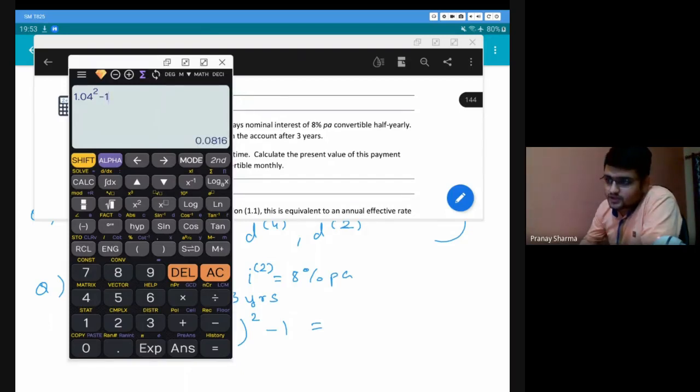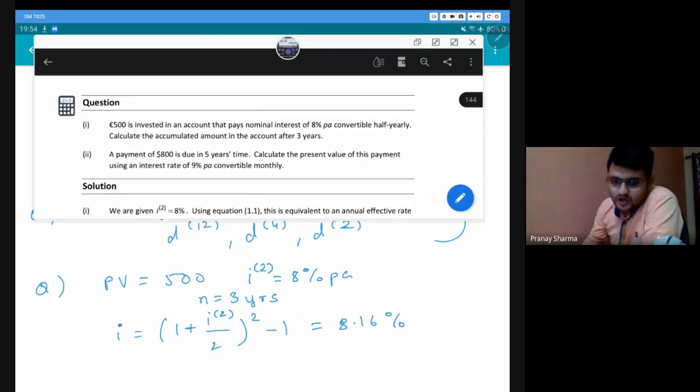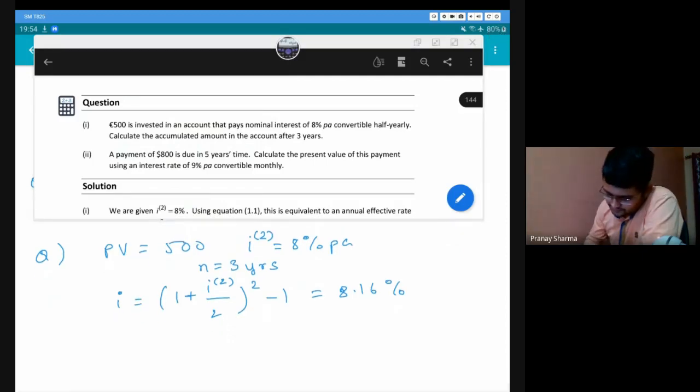Okay, so we are finding I, and we are getting 8.16% using our formula. After we have converted it into I, we can directly use our I. It does not matter how the rate of interest was given.